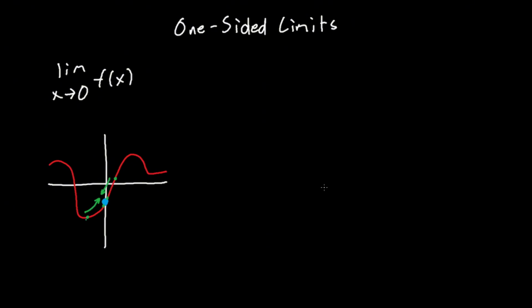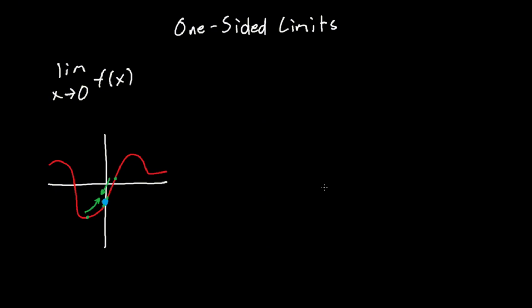Two dots on either side of whatever point you're trying to find the limit of, and you drag this green point super close to the blue point, and you measure the behavior of the green point as it gets close to the blue point.